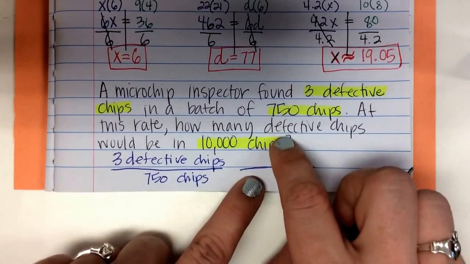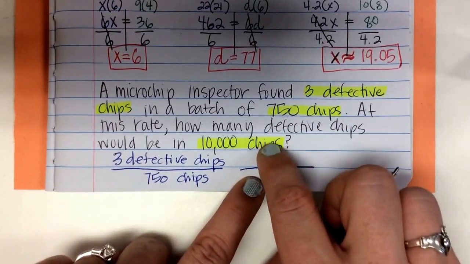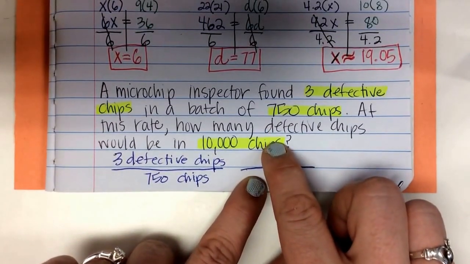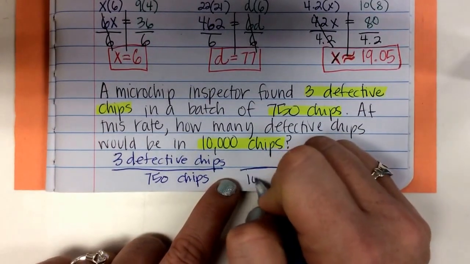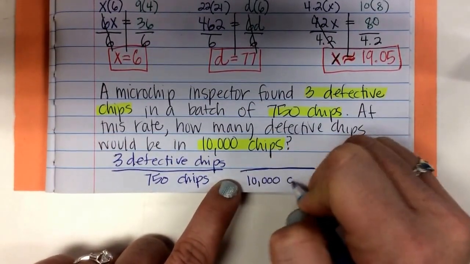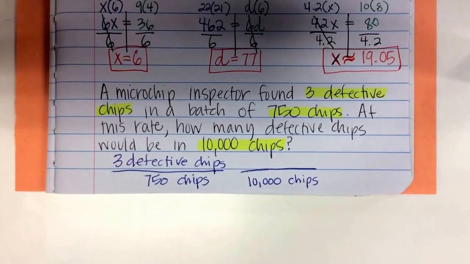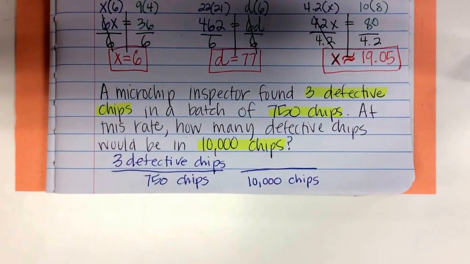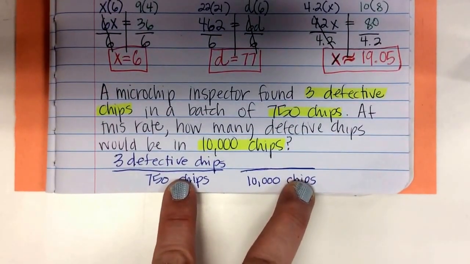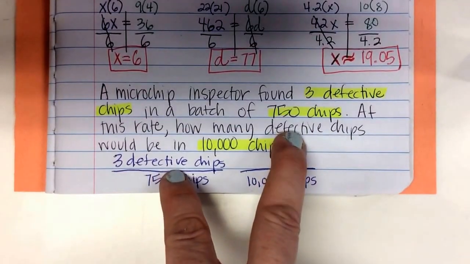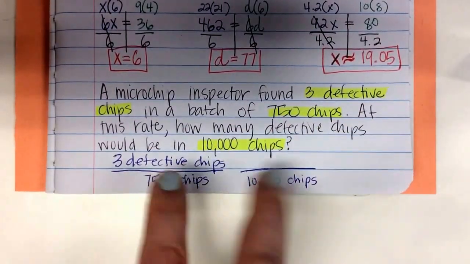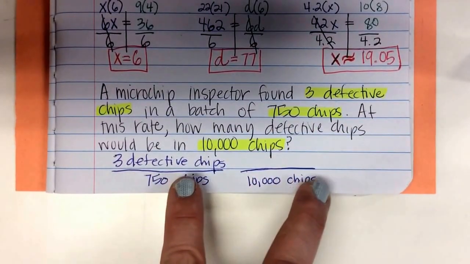Well, I don't know how many are going to be defective, so I need to figure it out. So I'm going to put 10,000 chips on bottom, because they're the same label. I'm not changing anything. I don't want them diagonal to cancel out. I want the same label on the same line.